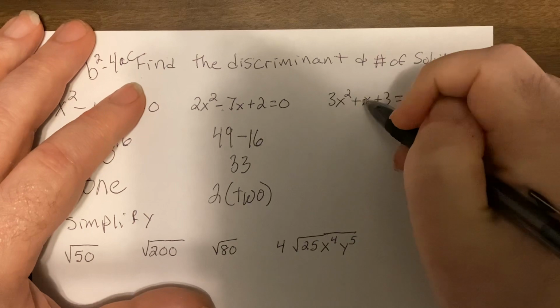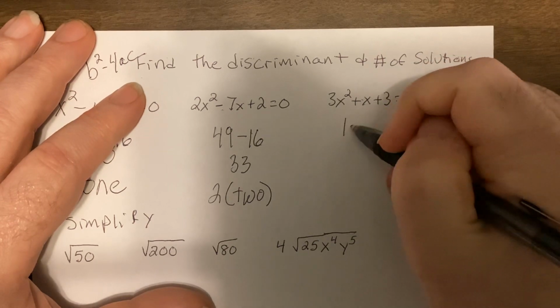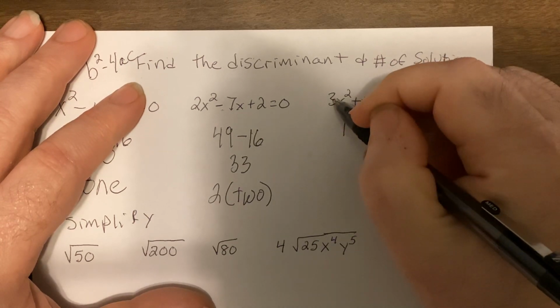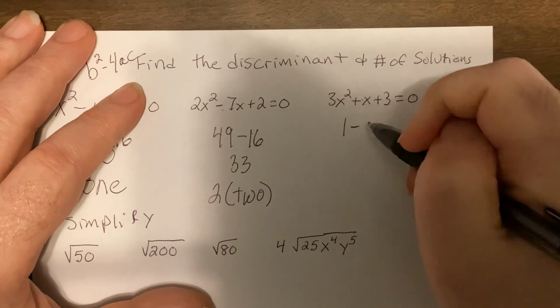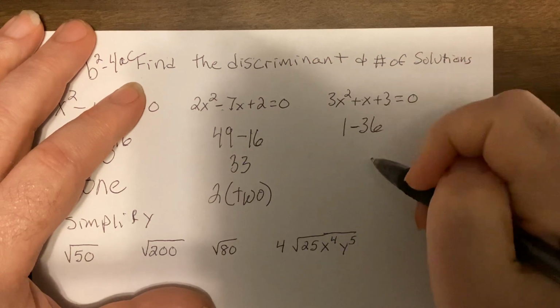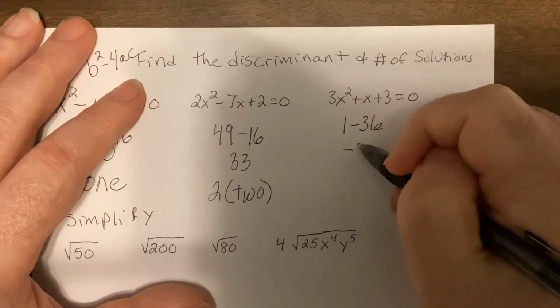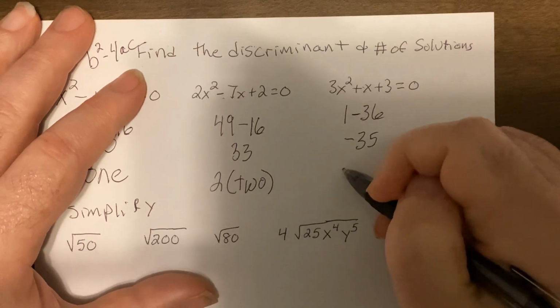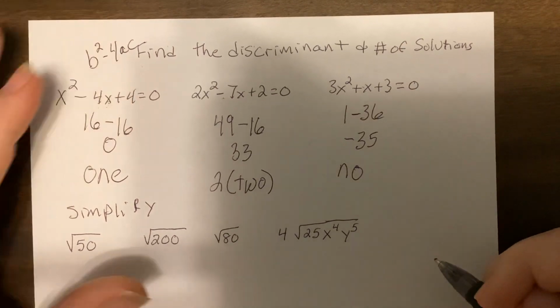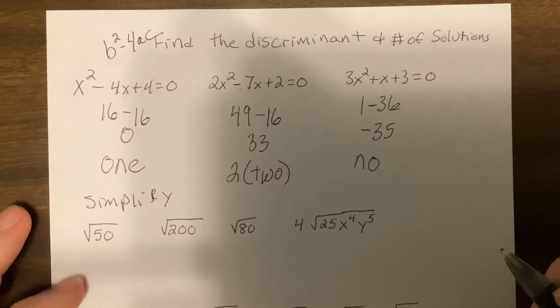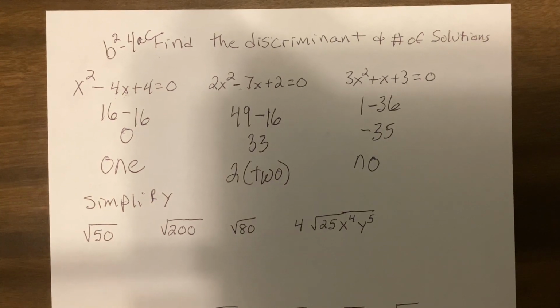And then this one, b is 1, 1 squared is 1, minus 4 times 3 is 12, times 3 is 36. That'd be negative 35. And there's no real answers. There's 0 real answers when the discriminant's negative. I'm not a big proponent of the discriminant. I don't think it's that important, but one problem won't hurt ya.